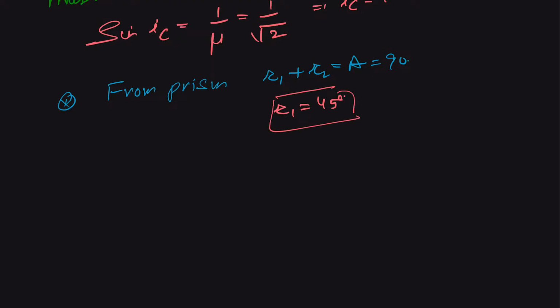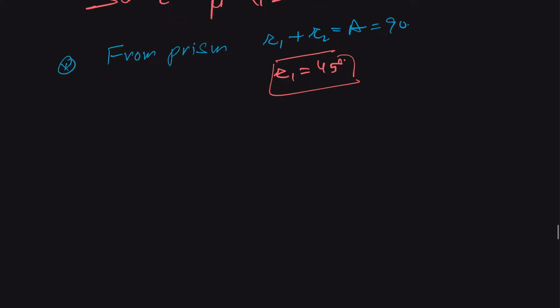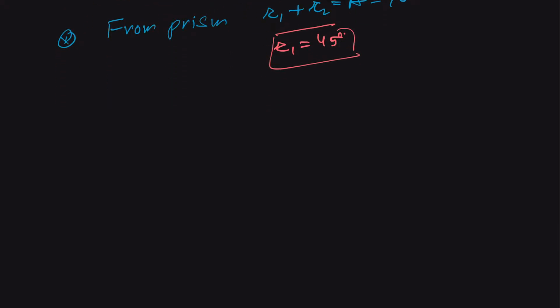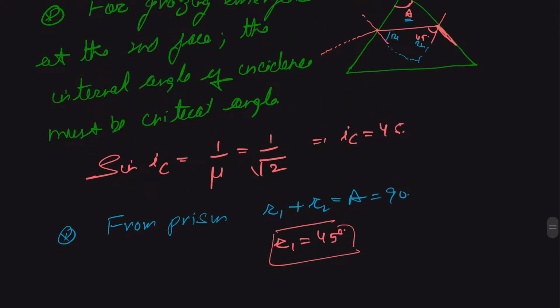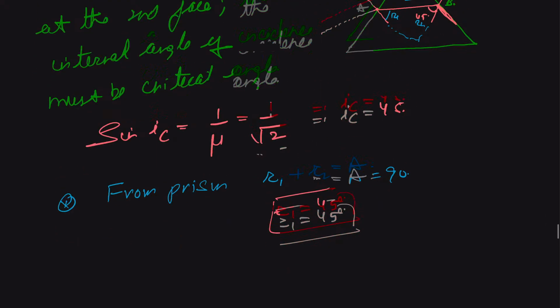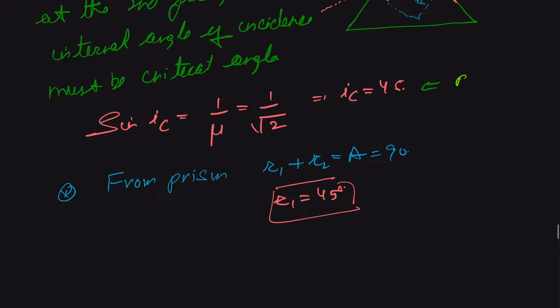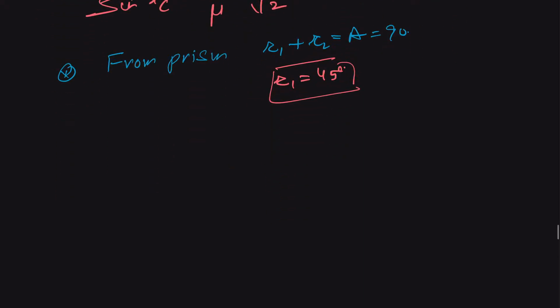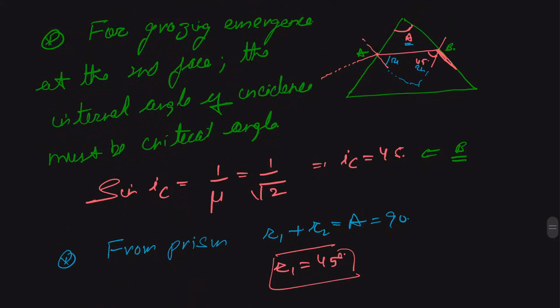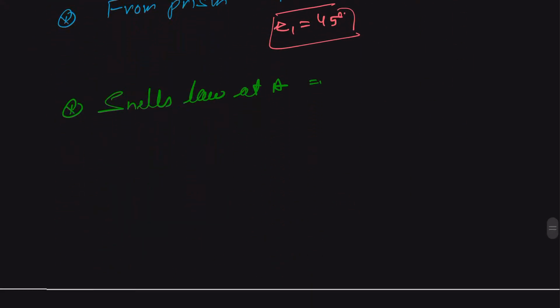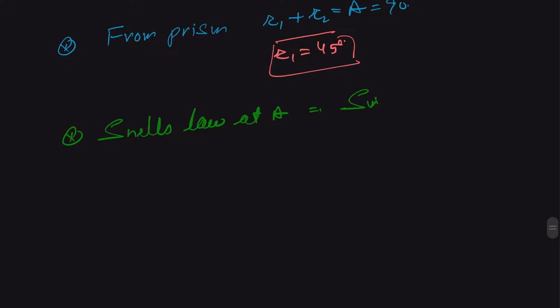And now we use Snell's law at the first face. Let us call this point A and this point B. The previous calculation was at point B, and now we use Snell's law at point A. If the angle of incidence is I, Snell's law gives sine of I is equal to mu times sine of R1.